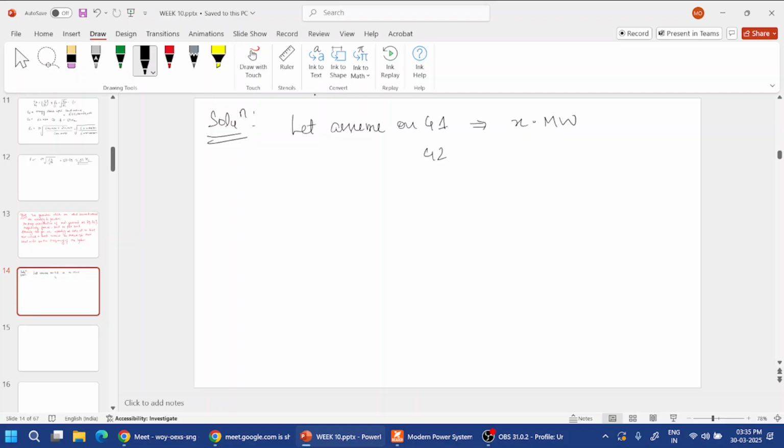Therefore, generator 2 will take a load of 600 minus X megawatt. It's quite clear. G1 has a rated capacity of 200 and G2 has a rated capacity of 400. Let's assume the reduction in frequency is del F.